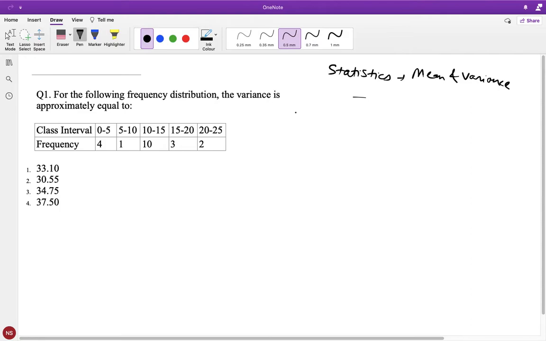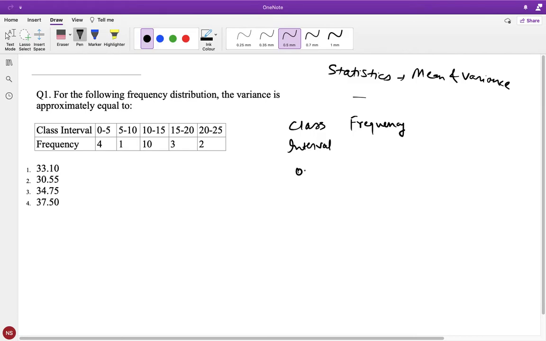So first problem is like one of the easiest I have seen in an exam. The question states that for the following frequency distribution, the variance is what? So I've been given a class interval and frequency.